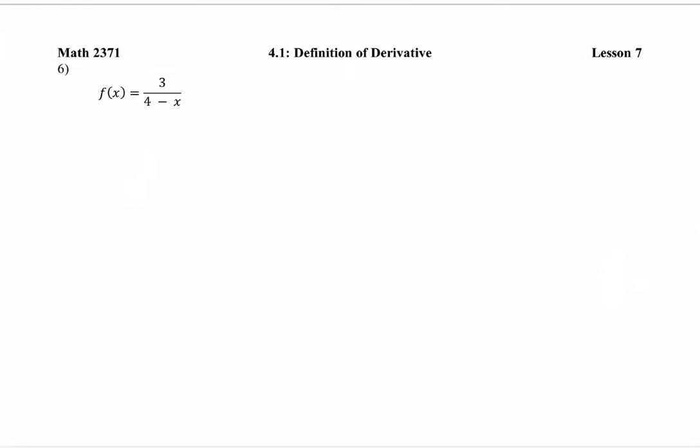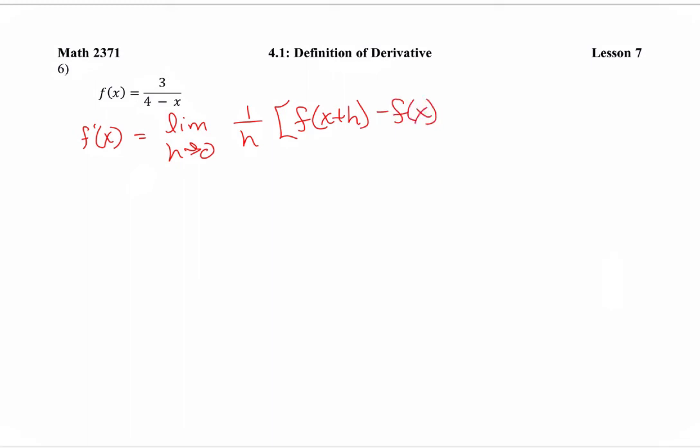It'll take too long to do on a test. All right? So, first thing we're going to do again is write our derivative. So f prime of x equals the limit as h goes to 0 of 1 over h times f of x plus h minus f of x. And I wrote it again with it out.